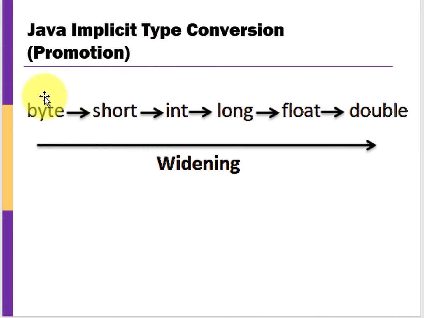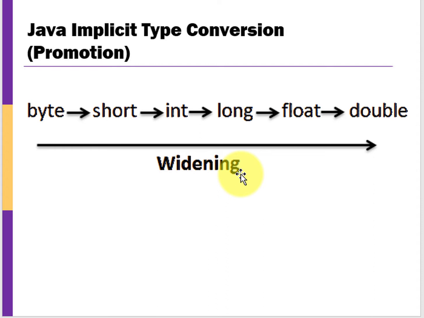This is basically when we go from something that has a smaller data range, typically a smaller number of bits used to store the information, to something with a greater range, which is a very straightforward thing. For instance, if you have a float to a double, it's pretty obvious that a float can store things with less precision than a double, so it's a pretty easy thing to convert. This is often referred to as widening, where you're using more bits or a greater data range to store things.